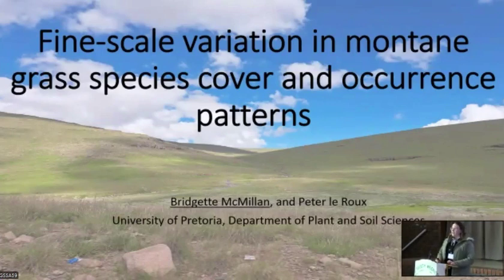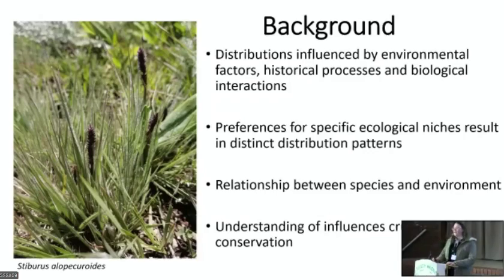So I'm going to tell you guys about the results of some of my master's work, which I was focusing on understanding the factors that influence the species cover and occurrence in the Drakensberg-Maluti mountain range. So plant distributions are influenced by abiotic environmental factors, historical processes, and biological interactions.